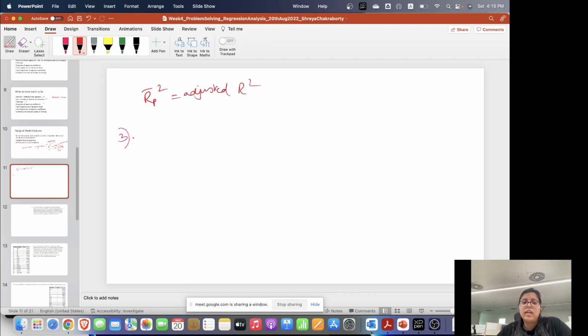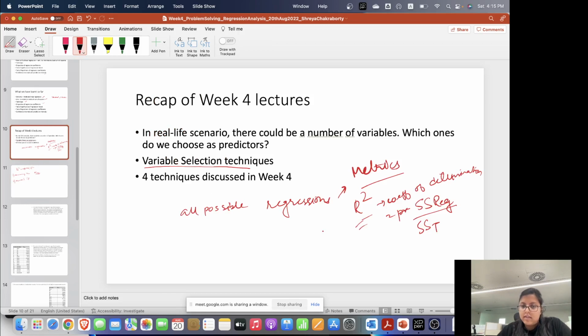The third criteria was minimizing the mean square residual, and the fourth one was Mallow's CP. So these were the 4 metrics that were discussed in this week's lectures.